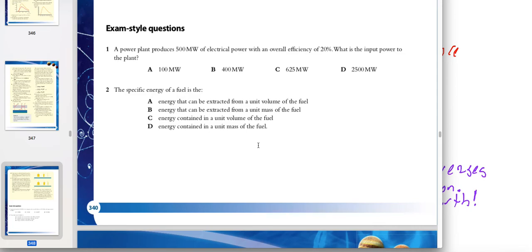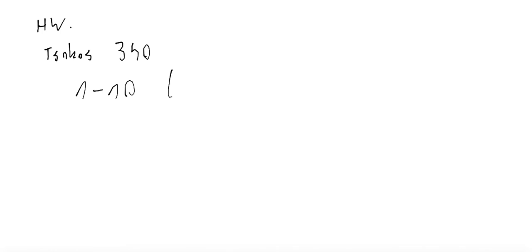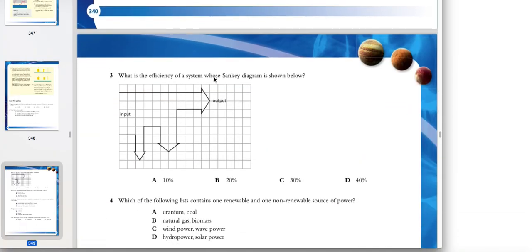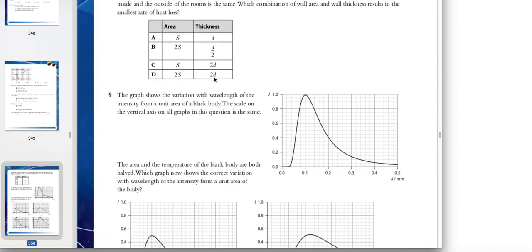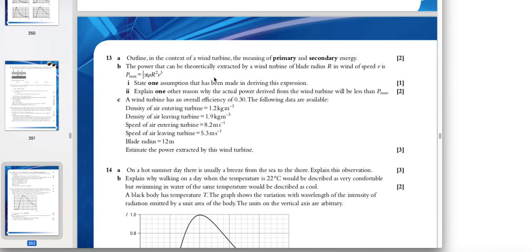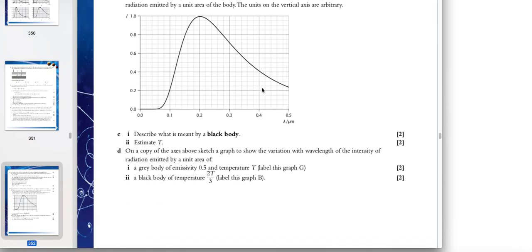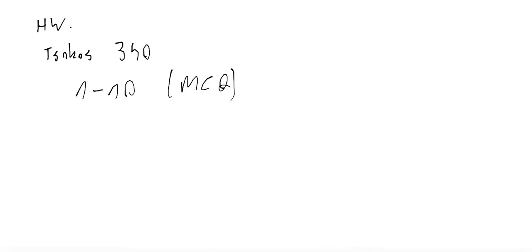Your homework is Tsokos 340, 341: exercises from 1 to 10, multiple choice questions, plus one exercise related to calculations, mainly with black body radiation, exercise number 14 on page 344.